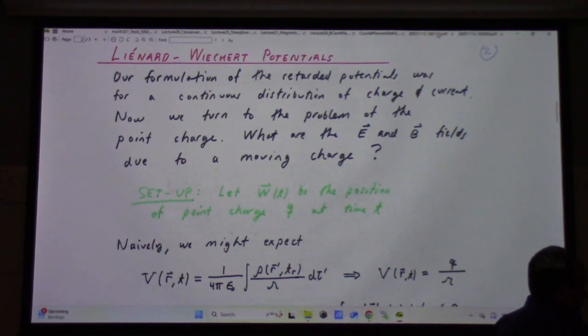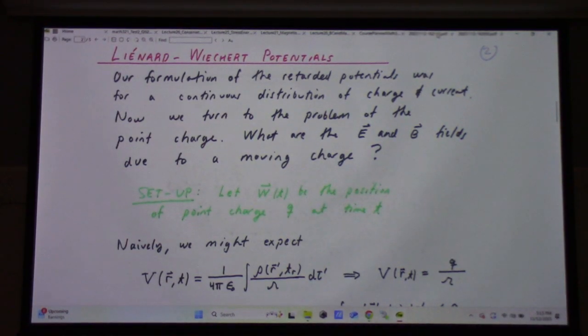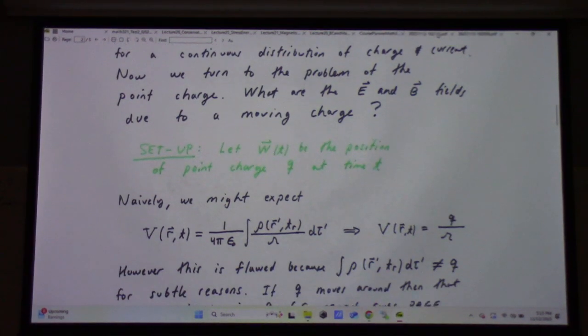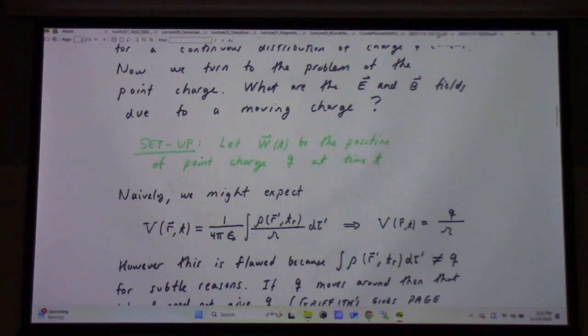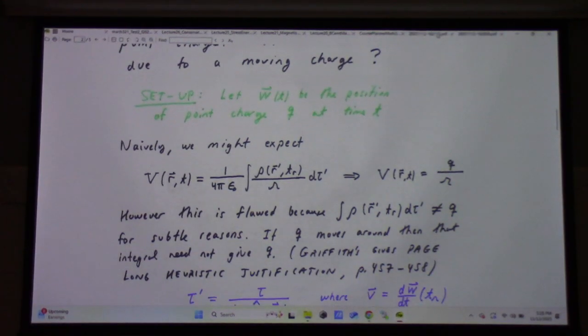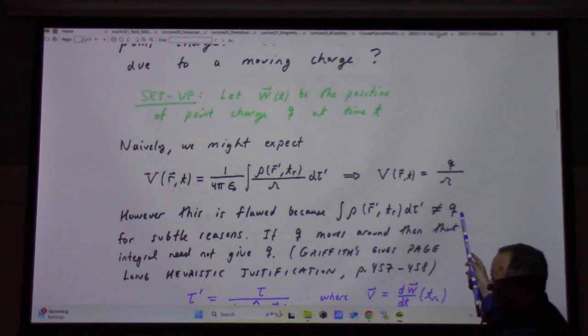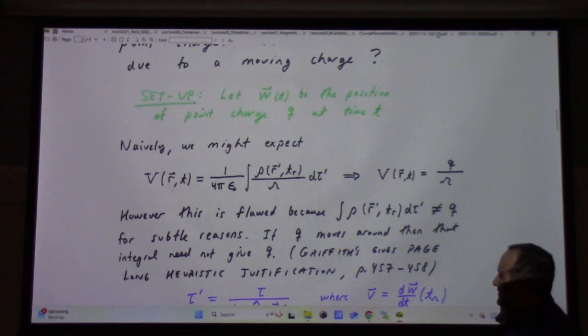Griffiths has a page and a half where he explains this, and honestly, guys, I don't quite understand it at the moment. I'll give you the short version. Basically, he says the problem is that if you integrate over the charge density at retarded time, you don't get Q, for subtle reasons.